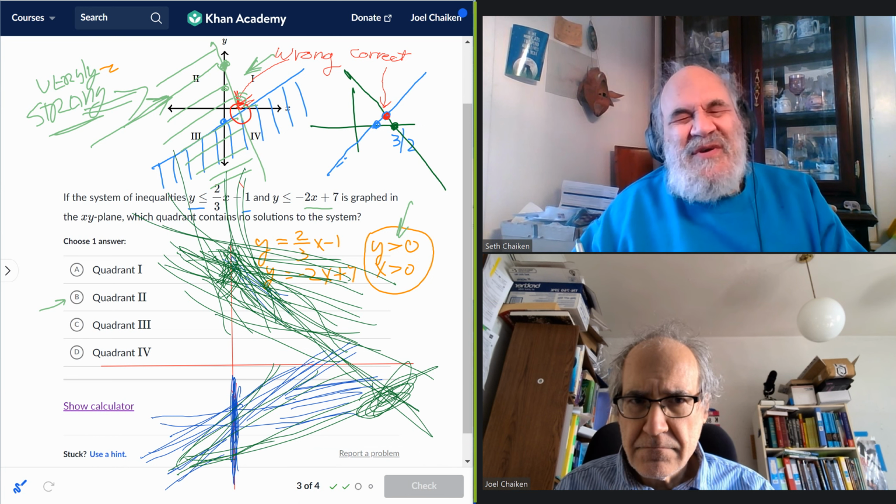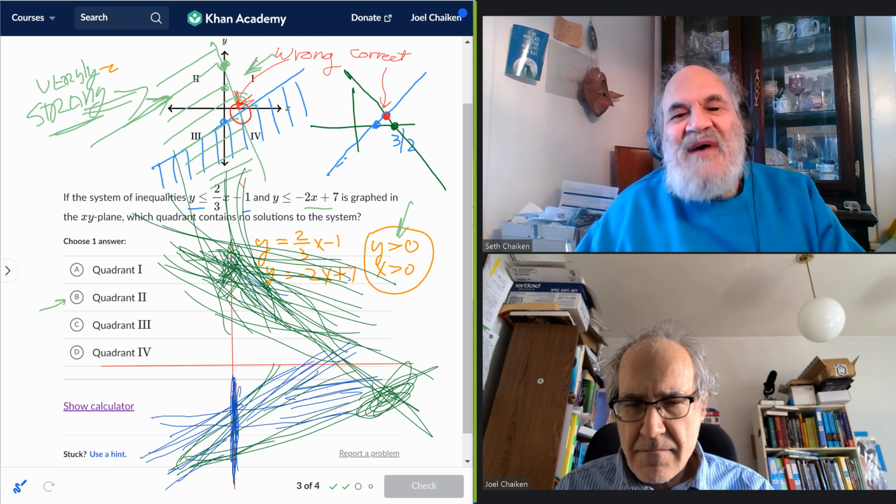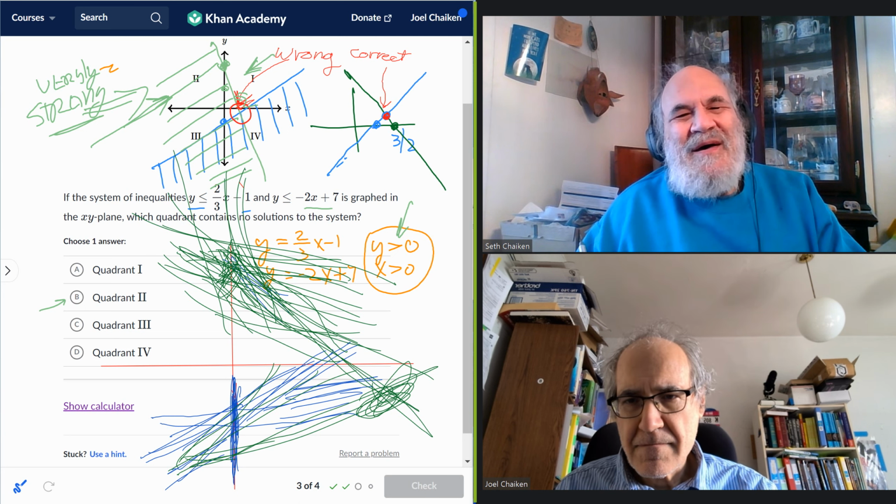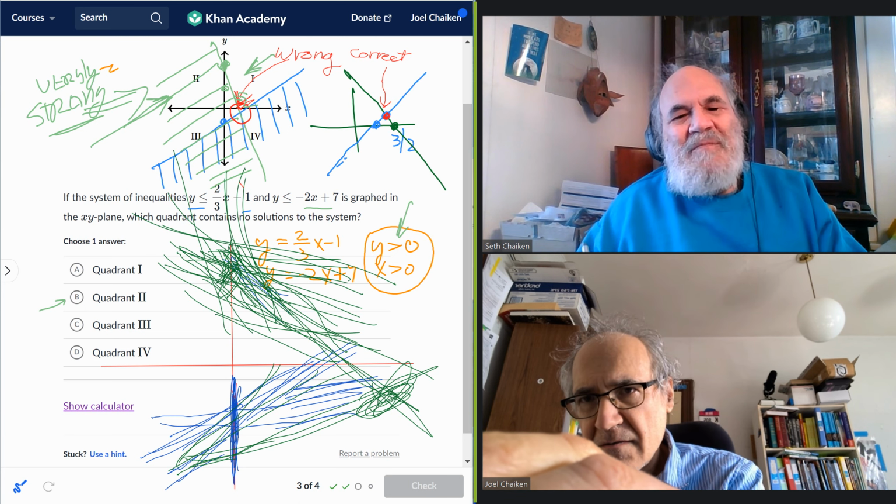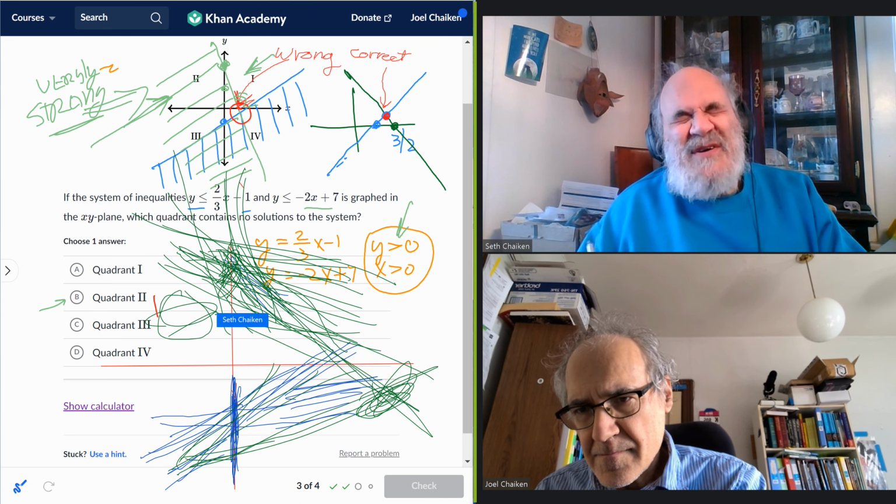And then we're interested in the points that are below the green line and are also below the blue lines. So every green line is above every blue line, except when you're to the right of the y-axis. So there are no solutions in this region. Impossible.